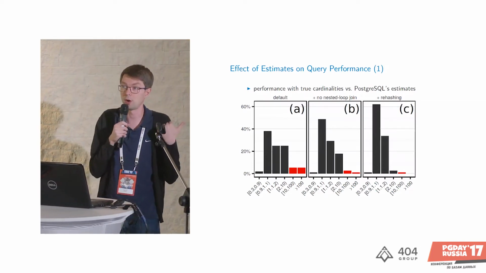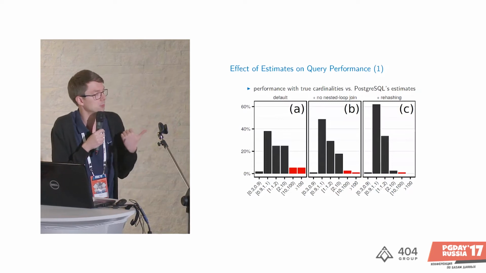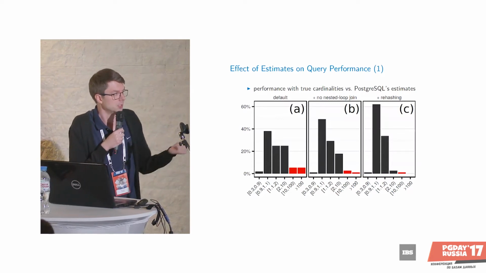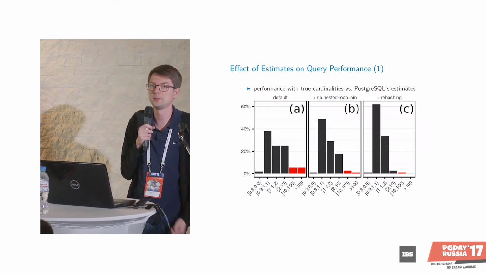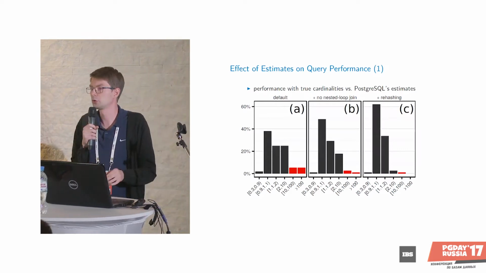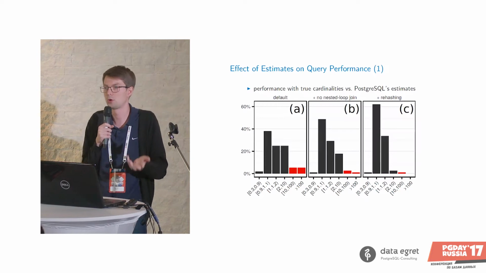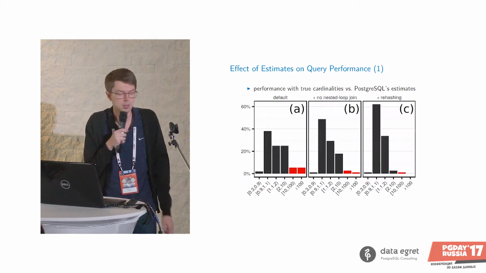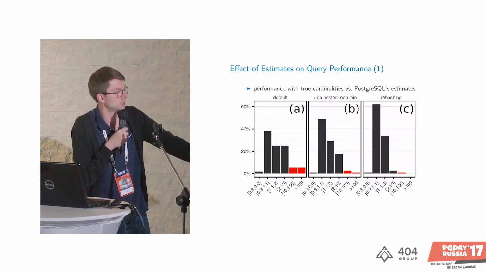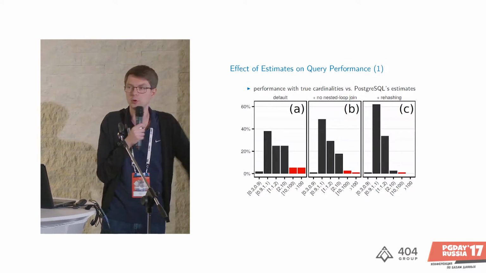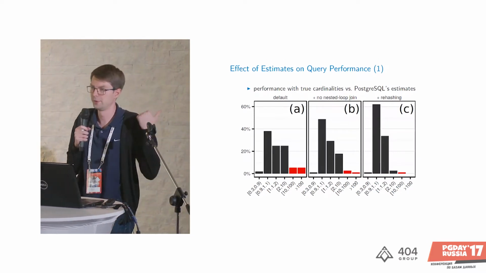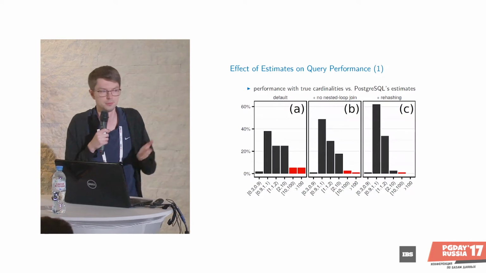So the red bars are really big problems, because they mean that sometimes, because of these cardinality estimates, your query is more than one or two orders of magnitude slower than it could be. And in fact, it's even worse, because for this last bucket, greater than 100, those queries never finished. I mean, they timed out.